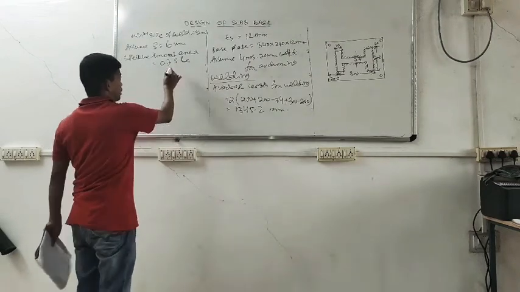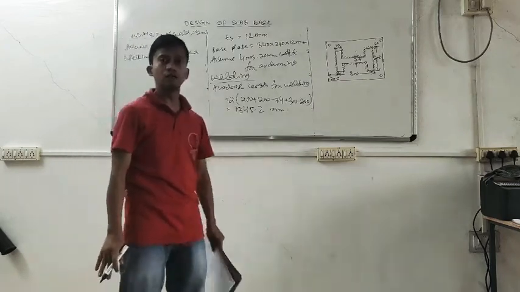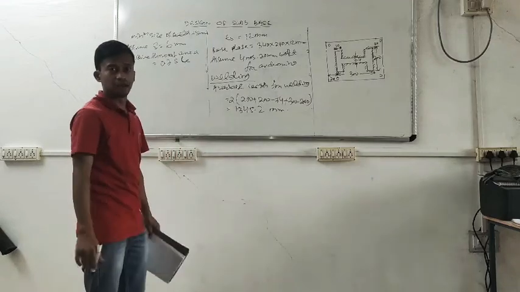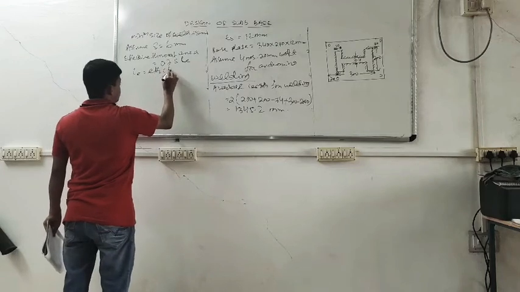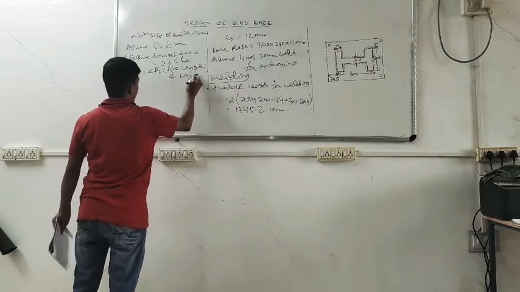Throat area means the effective size of weld. Effective size of weld is 0.7 into size of weld, so 0.7 into S into the effective length of weld, LE equals the effective length of weld.